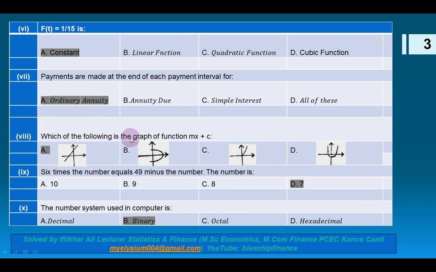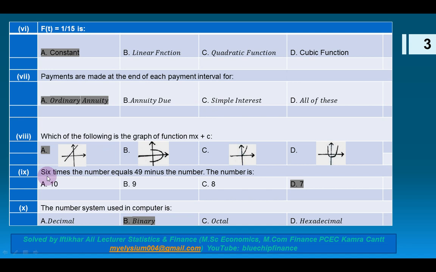Next: which of the following is the graph of function mx plus c? So the first option is correct. In the graph of mx plus c, the line must go from the first quadrant to the third quadrant downward. So the correct option is option number 1.